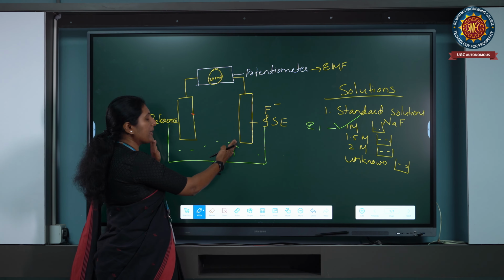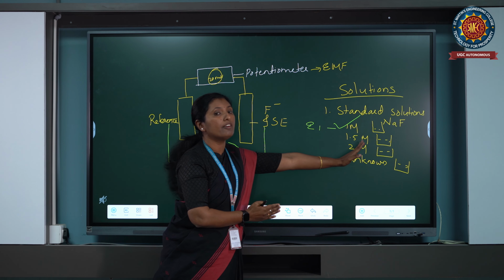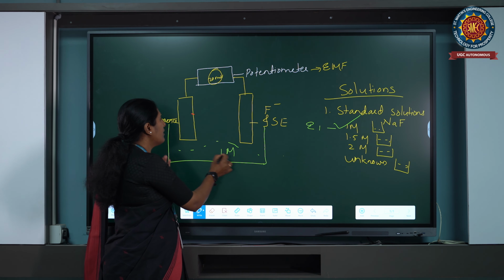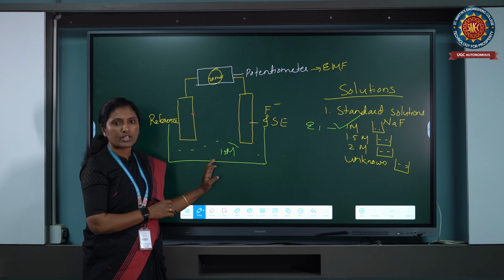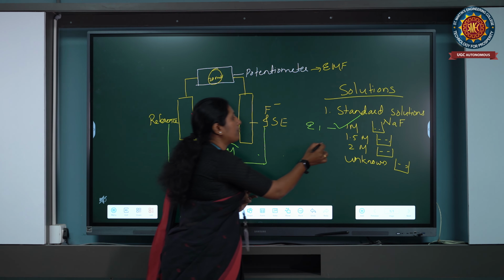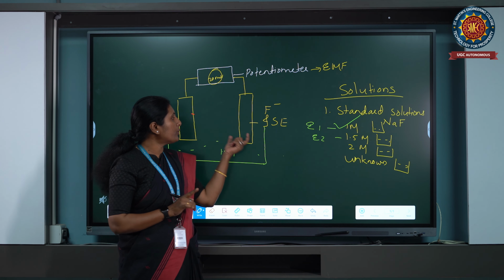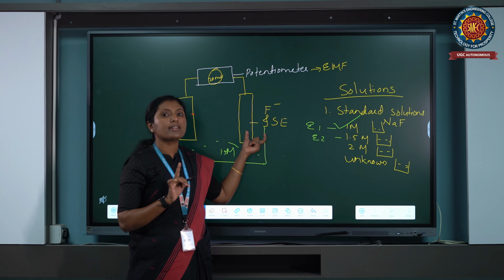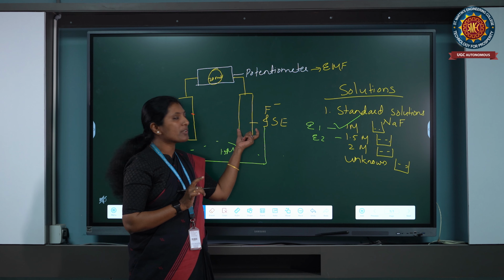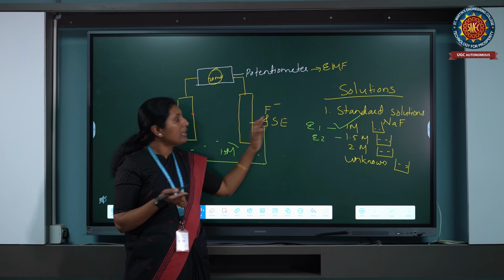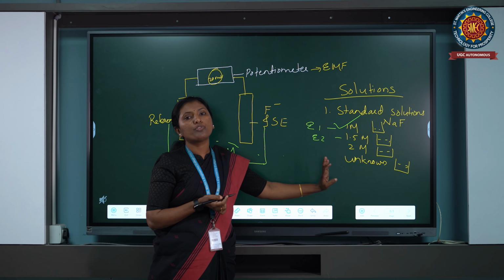Next, you change this beaker to 1.5. Now you are keeping the 1.5 molar solution. Then you will get another EMF, that is E2. Why is it changing? I already explained: one of the electrodes is an ion selective electrode, so it gives a different potential based on the concentration of fluoride ion.